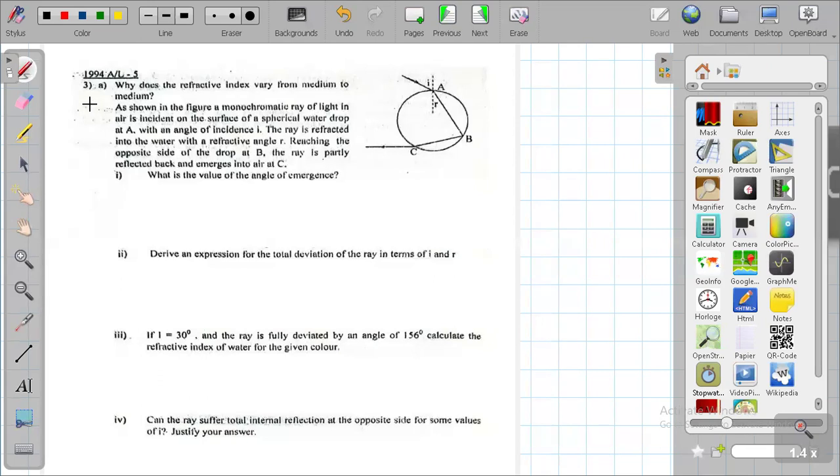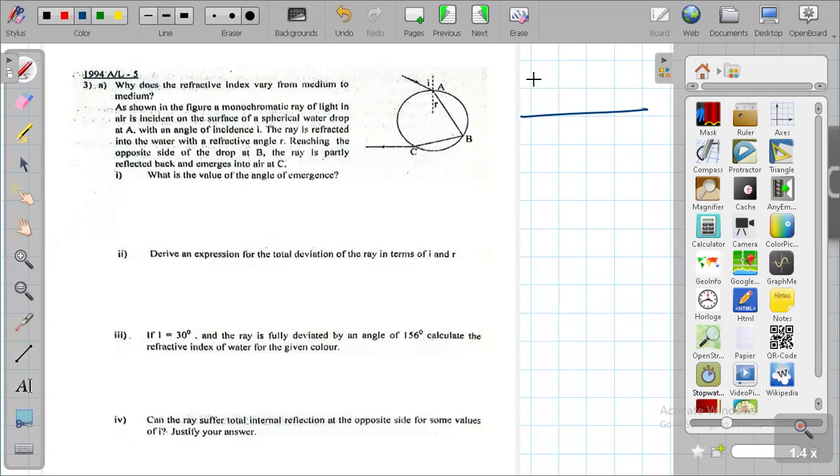It is called partial reflection. Normally, it is not total internal reflection, right? You have to understand one thing: it is not total internal reflection, because the angle is lower than the critical angle.